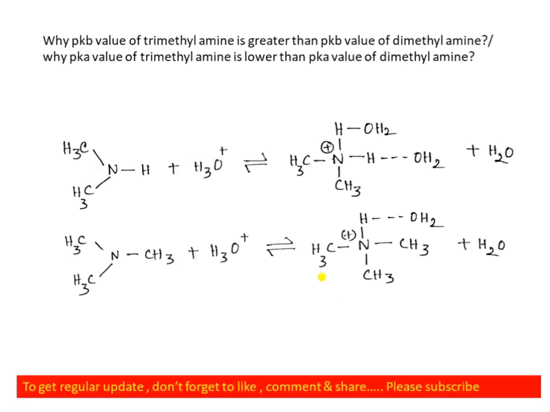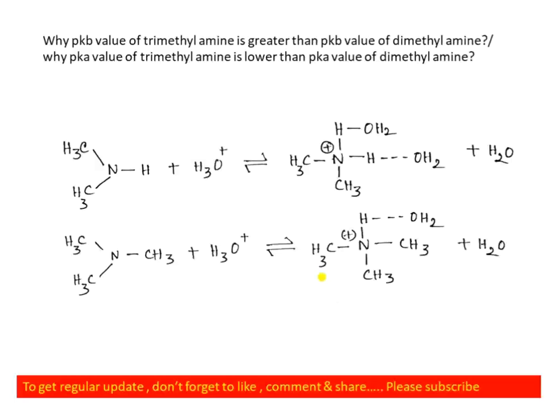And the greater the solvation of a species in a solvent, the lower will be its energy and the greater will be its stability. That is why the dimethylamine cation gets extra stability in solvent, but the trimethylamine cation, undergoing less solvation in solvent, gets less stability. That is why in water medium trimethylamine is less basic than dimethylamine.